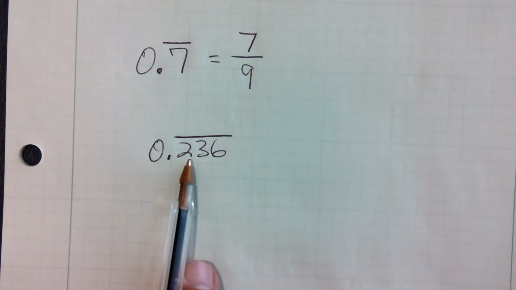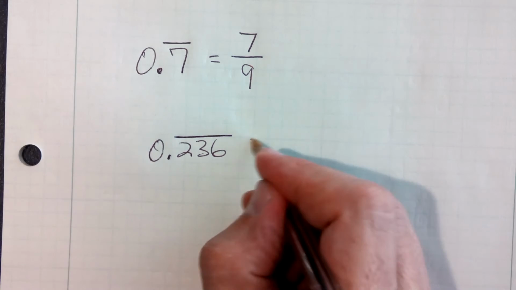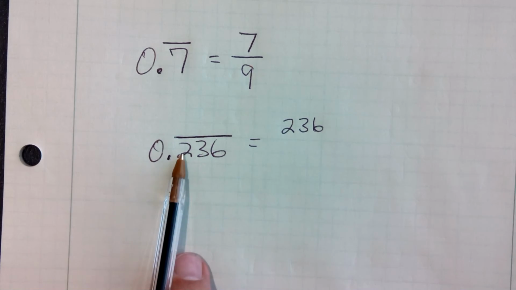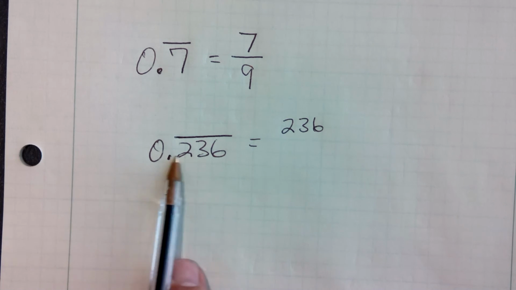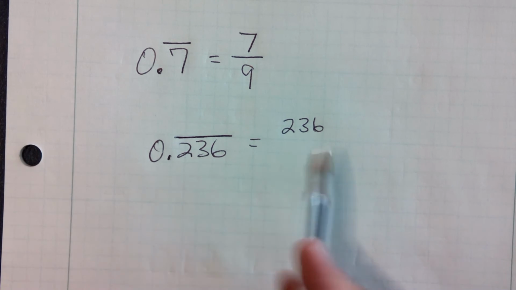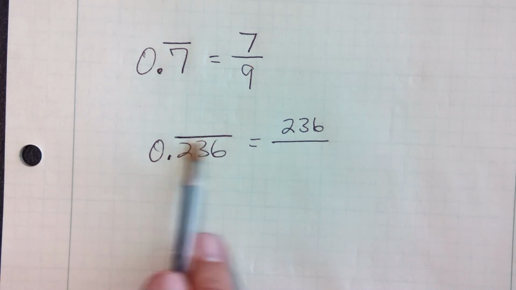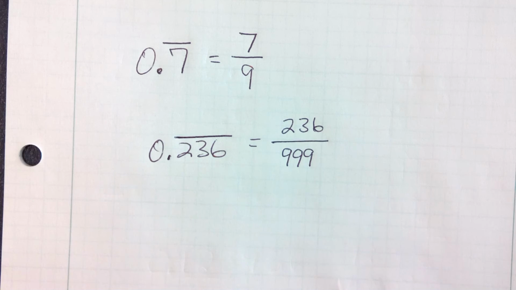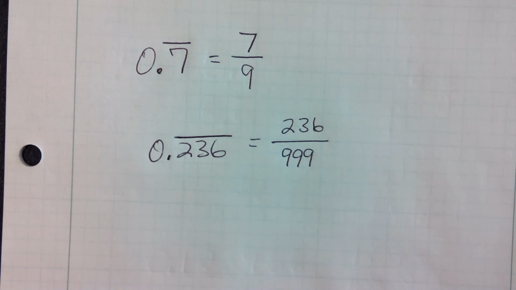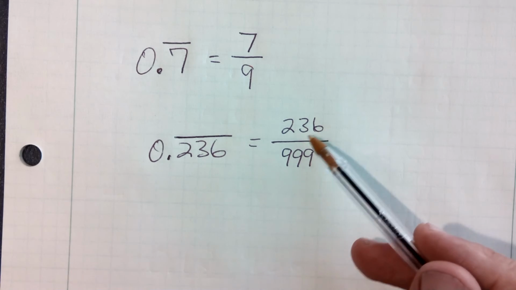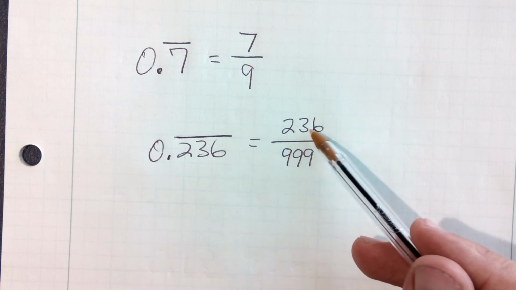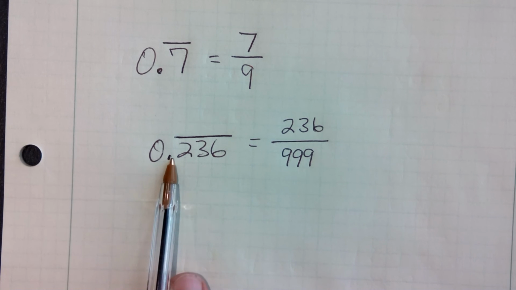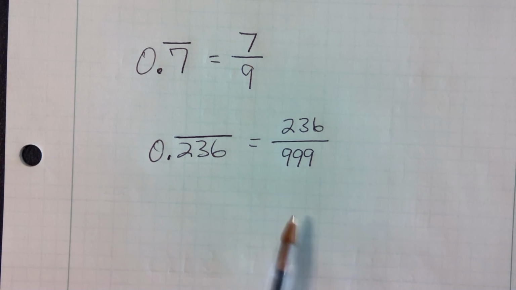If all of that's repeating, then all you need to do is take the 3 numbers you're given here, and since it's 3 decimal places, you're not going to put it over 1,000, but since it's repeating, you're going to put it over 1 less than 1,000, or 999. If you're uncertain about that, take your calculator, divide 236 by 999, and you'll see that you get 0.236, 236, 236, and it'll just keep going.